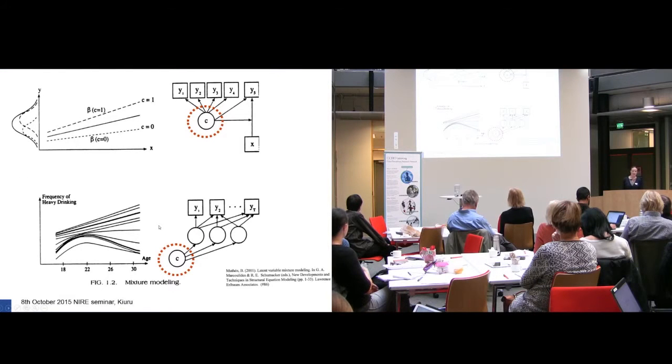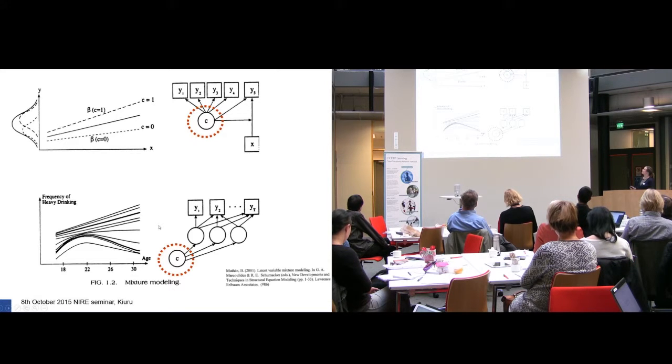Here are still some more examples to illustrate. You can, of course, have more observed variables, in this case 5 Y variables, but you can also have covariates.